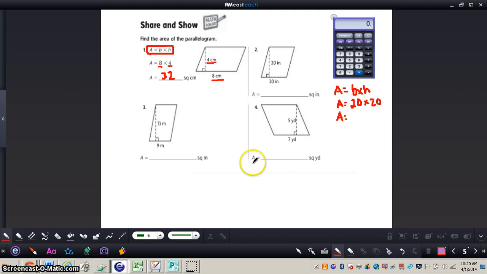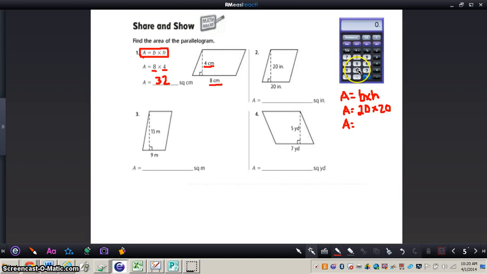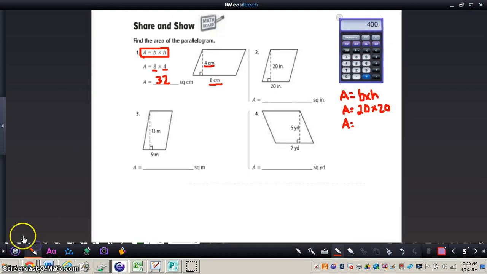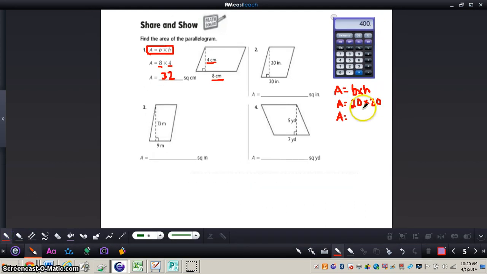And then let's see what the area is. Now you can use your calculator, multiplying 20 times 20. That's going to give me 400. So we can see that area equals 400 square inches.